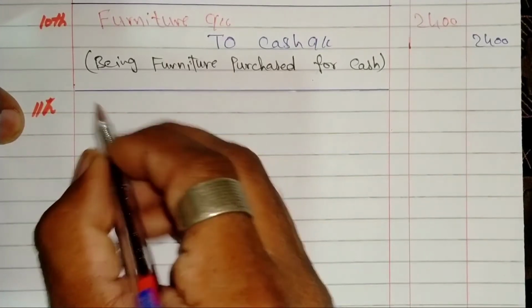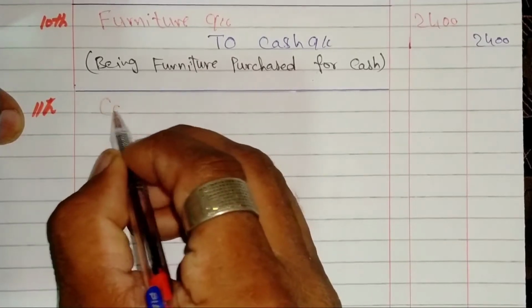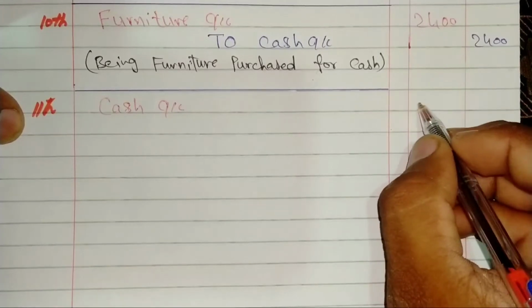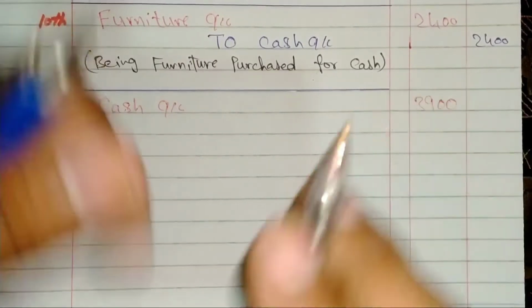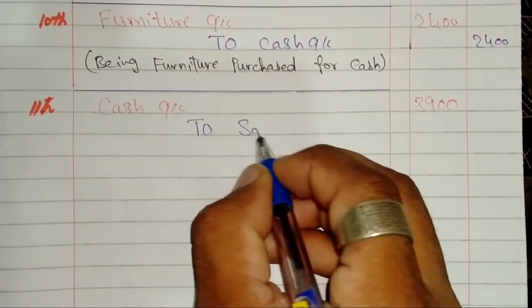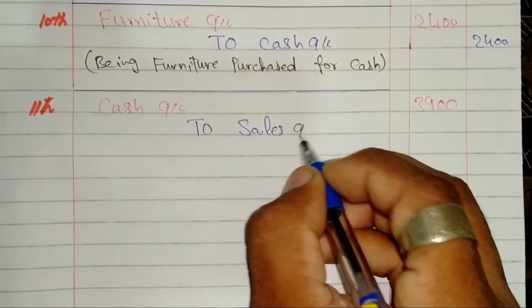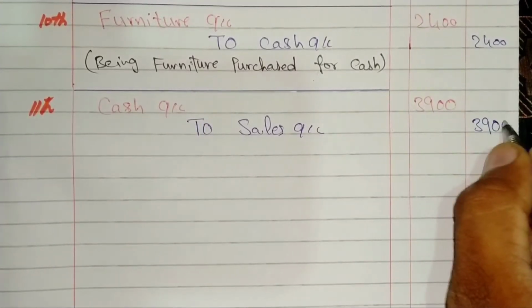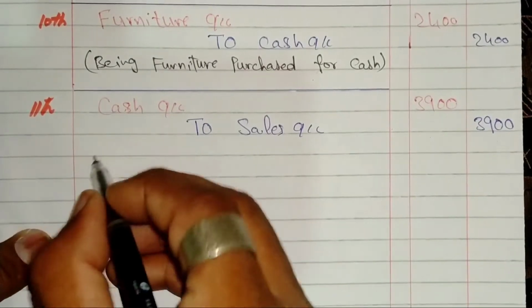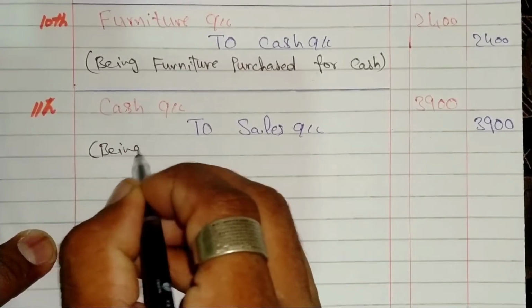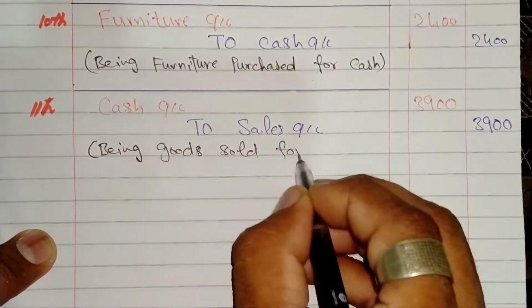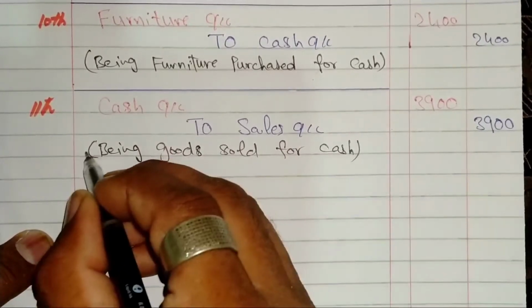Cash account debit, amounted $3,900, to sales account credit, $3,900. Description will be being goods sold for cash. Right.